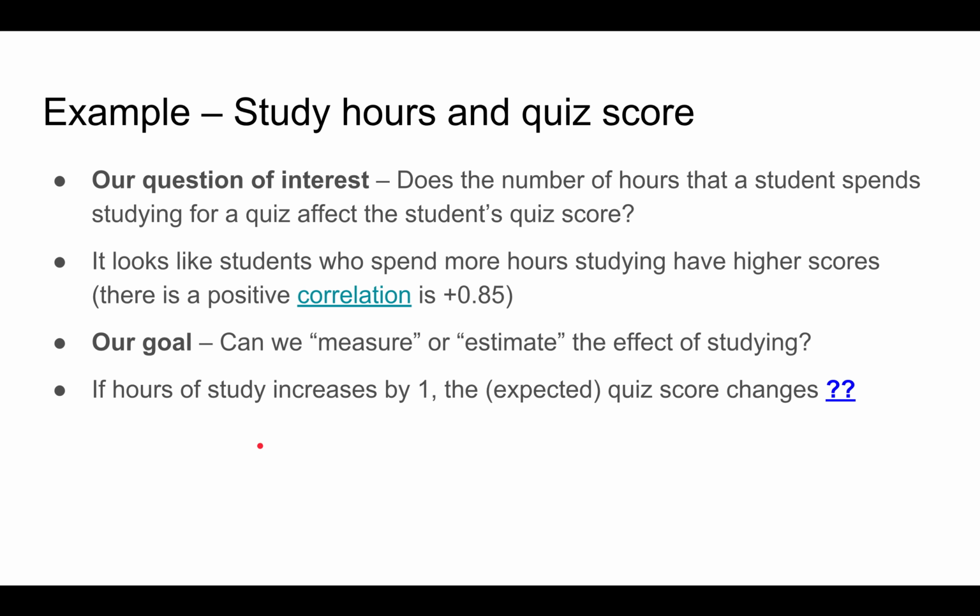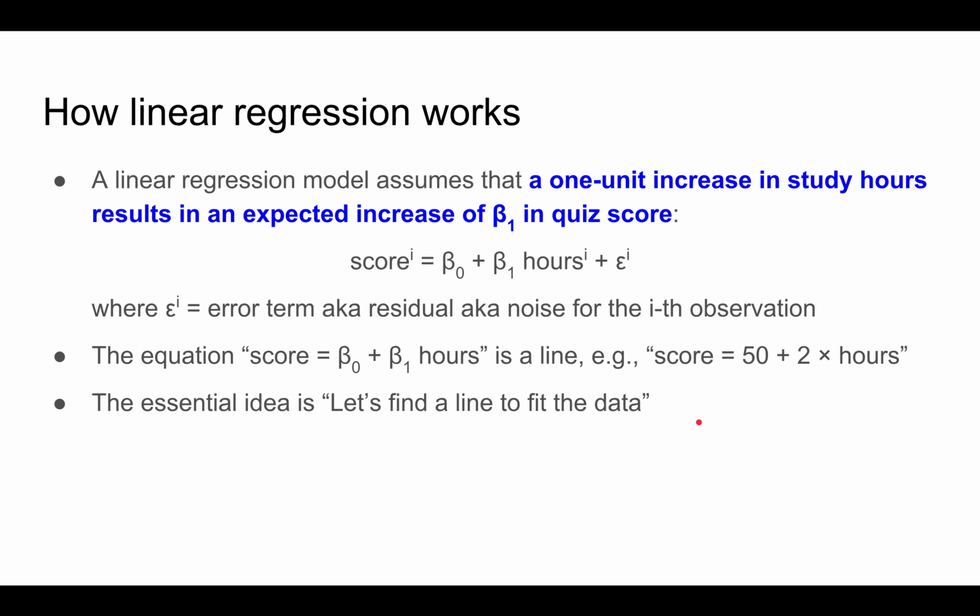However, you might want to study this more rigorously. If a student studies one more hour, what do we expect the student's quiz score to change by? So linear regression assumes that a 1 unit increase in study hours results in an expected increase of beta 1 in the quiz score, where beta 1 is the coefficient.